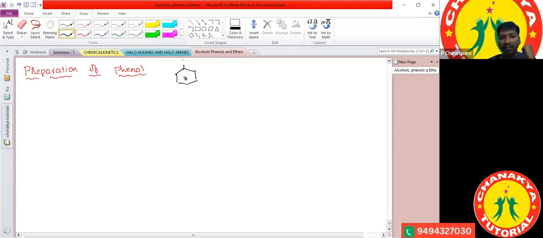On a benzene ring, if an OH group is there, we can call it phenol. The name phenol is accepted by IUPAC also. Phenol we can also call carbolic acid.